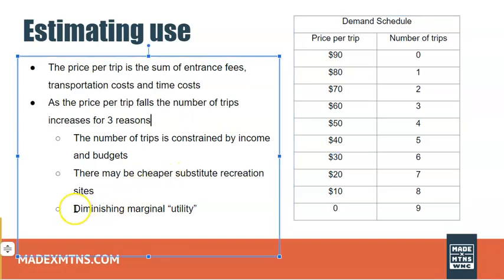And the third reason is what economists call diminishing marginal utility, where utility is a term that is synonymous with happiness or enjoyment. The idea here is that the more trips that you make to a particular recreation site, the less enjoyment you get from each additional trip.